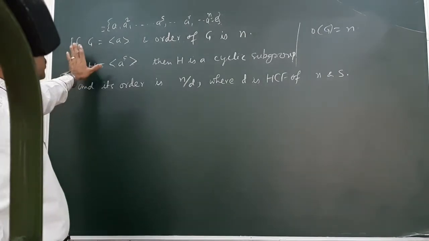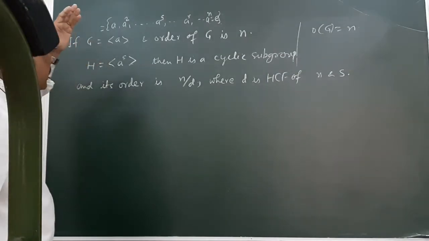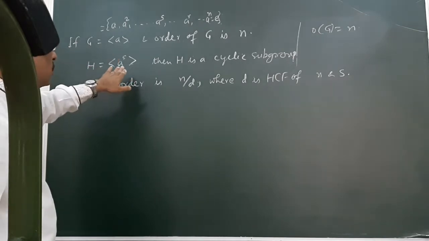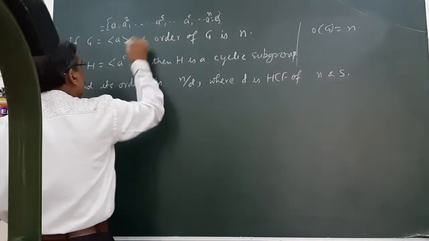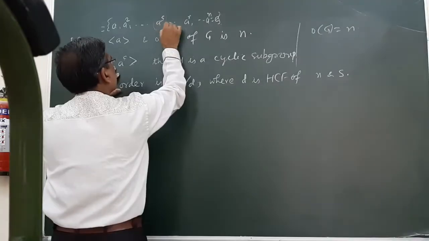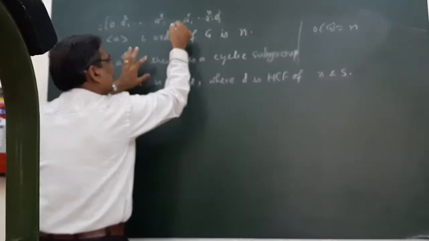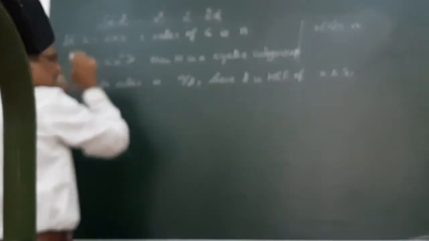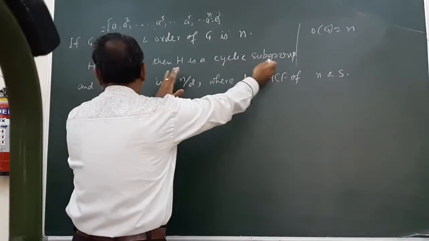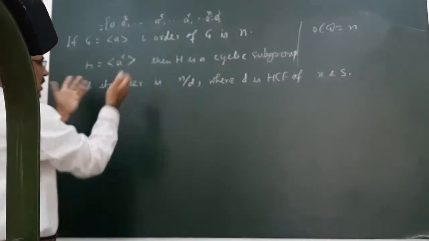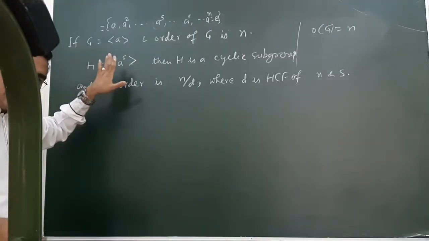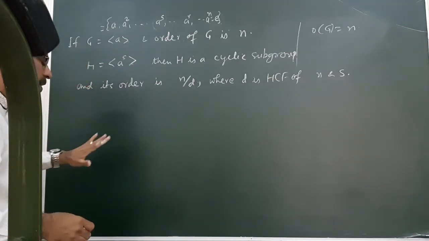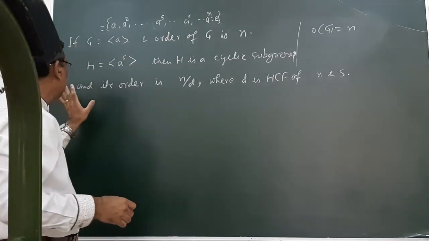This is G. Now H is a subgroup, whose elements are A^S, A^2S, A^3S, A^4S, and so on. H is a cyclic subgroup, naturally, its generator is a single element like this, A^S. So it is a cyclic subgroup, as we proved earlier.